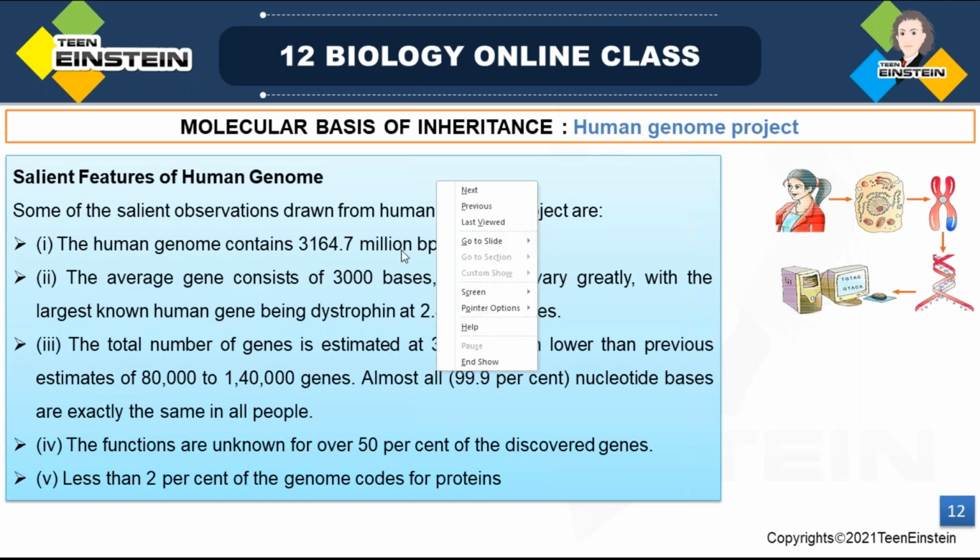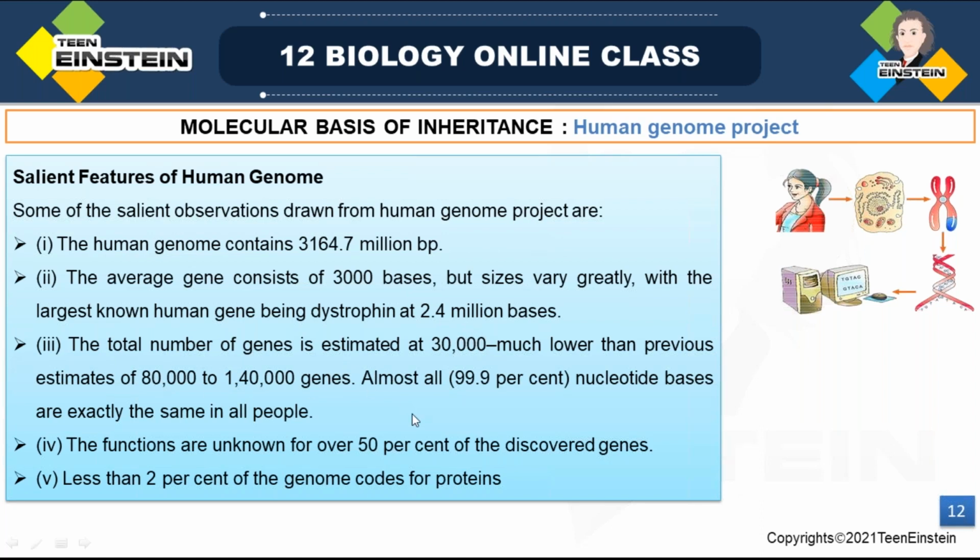So the human genome contains 3 into 10 raised to 9 base pairs, and an average gene consists of 3000 bases, but the largest gene in the human genome is dystrophin, which has around 2.4 million bases.